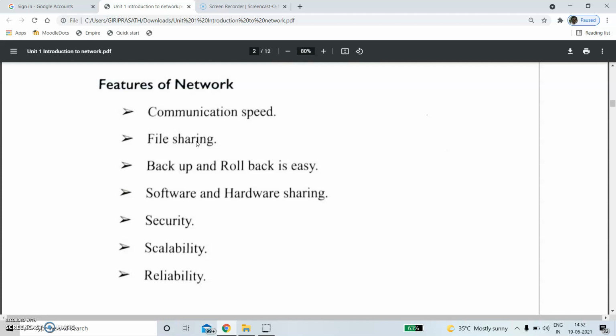Then software and hardware sharing. You can share the software as well as the hardware. Software means any applications, either programming languages or MS Office.